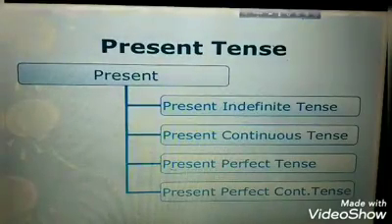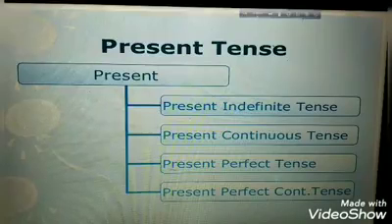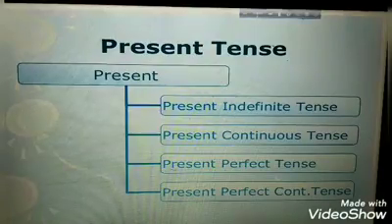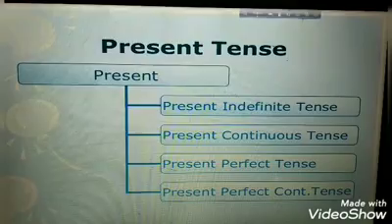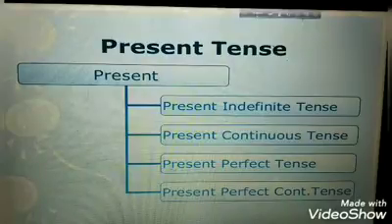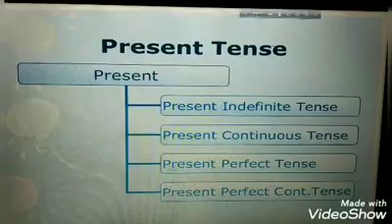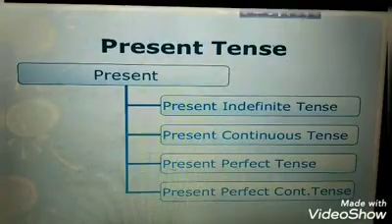So now we'll see the division or the classification of present tense. Present tense is classified into four types or four categories. These are present indefinite tense or simple present tense, present continuous tense, present perfect tense, present perfect continuous tense.